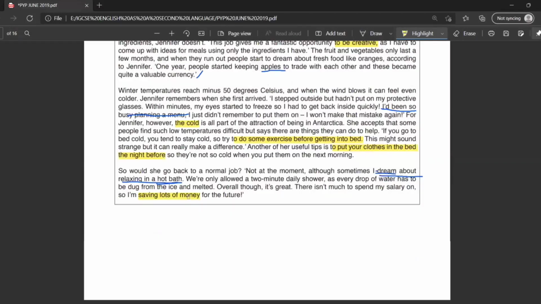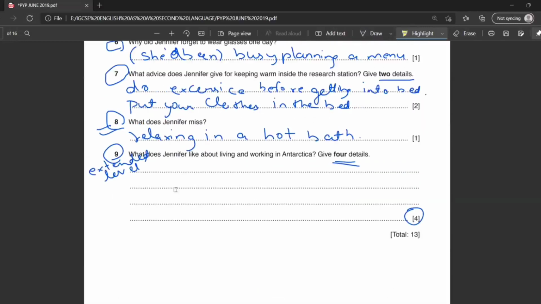Okay, so we are going to quickly write it down here, and we are going to write each one separately in the given 4 lines. Okay, so the first one is the colors of the landscape.